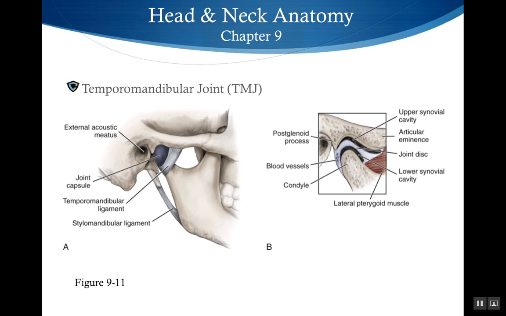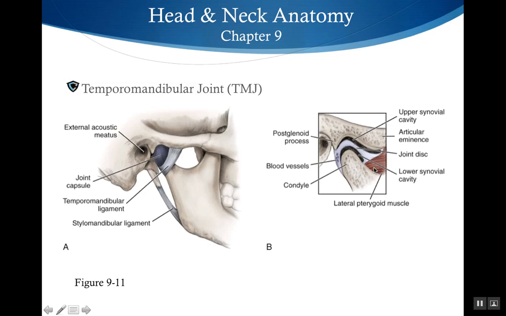Here's your external auditory meatus, then the glenoid fossa, and this is the articular eminence, the raised portion of the temporal bone just in front of the glenoid fossa.